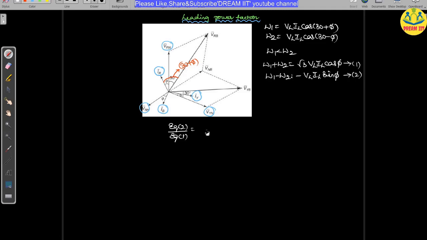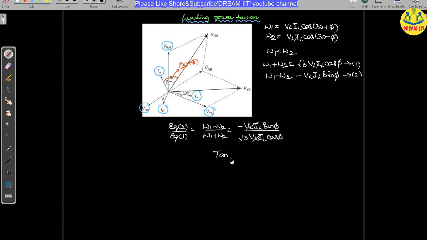First I will write W1 minus W2 divided by W1 plus W2 is equal to minus VLIL sin phi divided by root 3 times VLIL cos phi. VLIL will get cancelled. So what will you get?